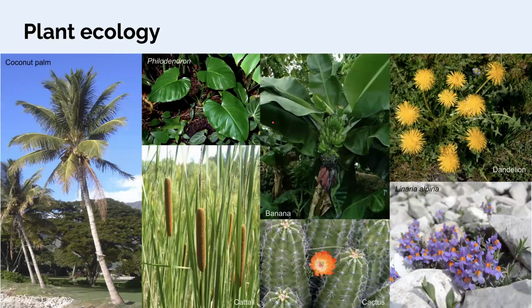And then just in general, you might also want to identify the kind of habitat you're in based on the plants you can find there. I suspect you could look at this image and probably make a pretty good guess as to where these different images were taken. For example, we have a coconut palm. This is one that grows in warm tropical places, also typically pretty close to ocean water.